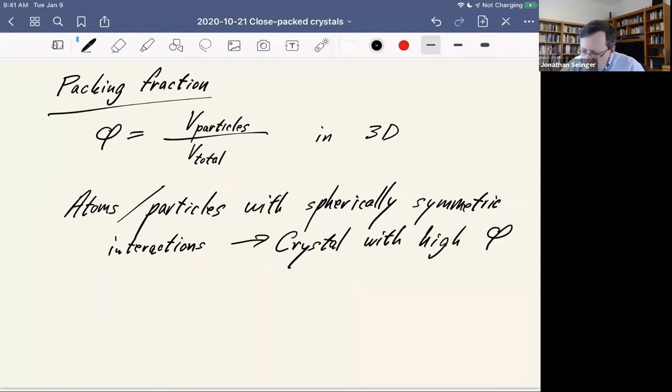And this is often also called the volume fraction. It's another word that you might hear.